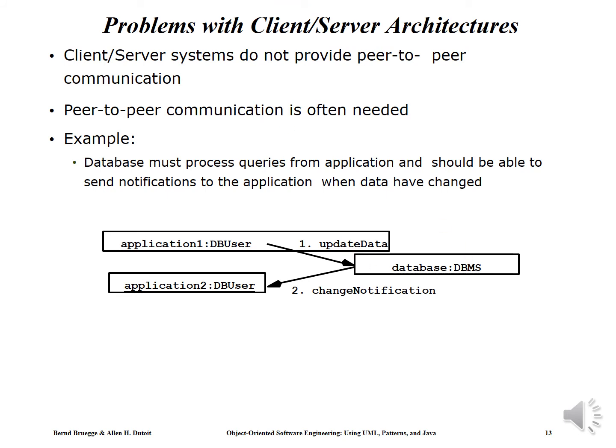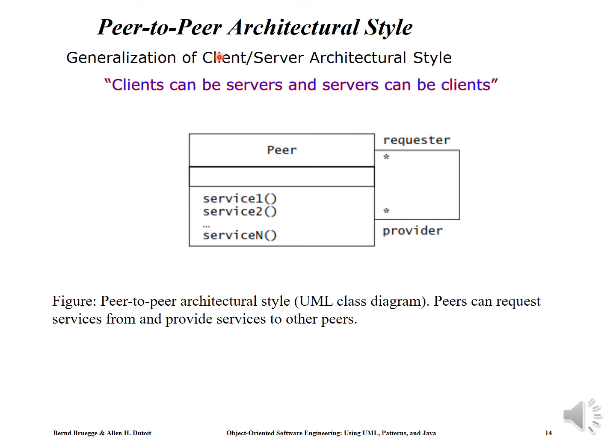Next is peer to peer architecture style. It is basically a generalization of client server architecture style in which the subsystems can act both as clients and as servers, in the sense that each subsystem can request and can provide services. In peer to peer architecture style, peers can request services from and provide services to other peers.